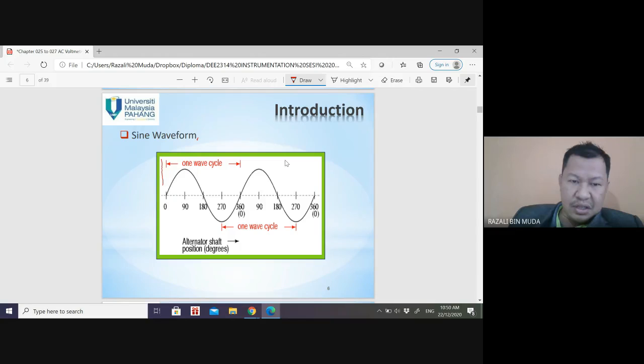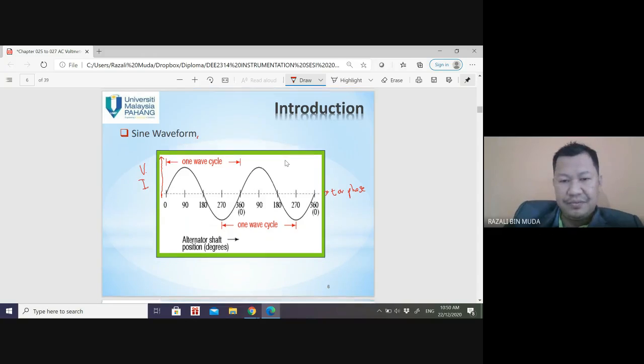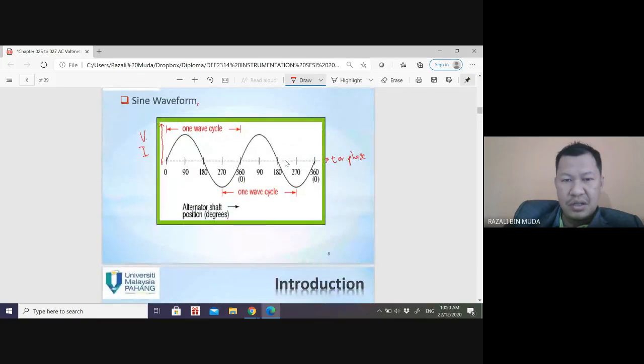Normally the signal is given in terms of magnitude, either voltage or current, and it is plotted against either time or phase, in degrees: 0, 90, 180, and so on. One cycle starts from 0 to 0, or from peak to peak, or from negative peak to negative peak. That is one complete cycle.